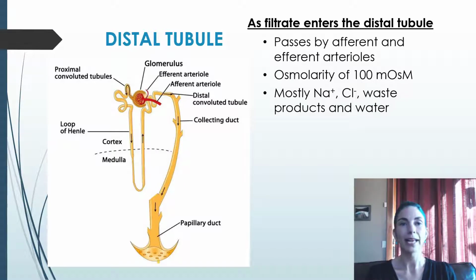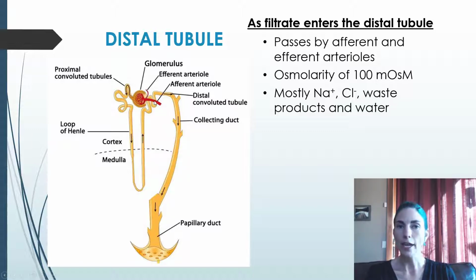Remember, in our nephron, filtrate goes from the proximal tubule, down the descending loop of Henle, up the ascending loop of Henle, and then to the distal tubule. As it makes its transition into that distal tubule, it crosses with the afferent and the efferent arteriole, and you can see that right there.